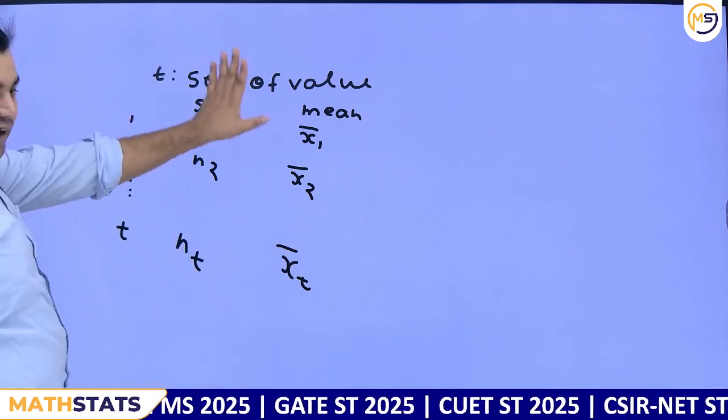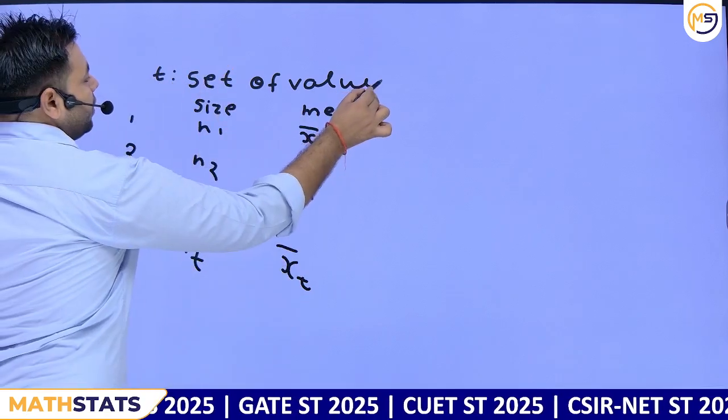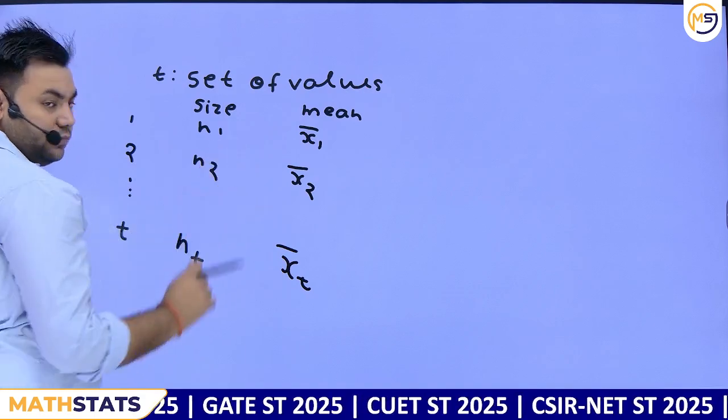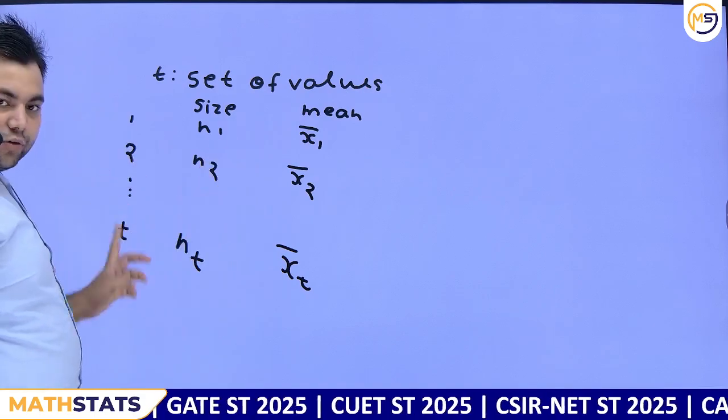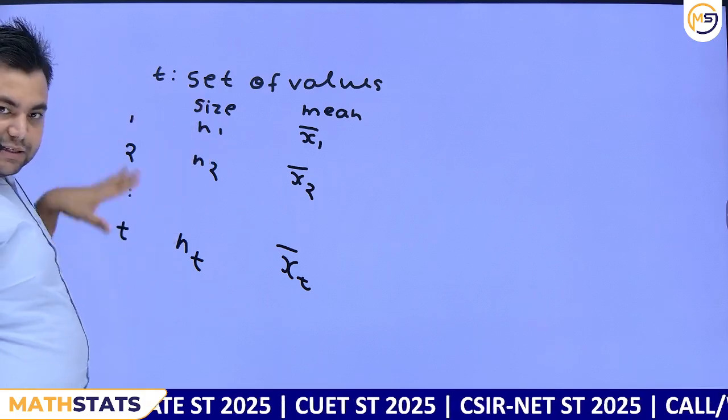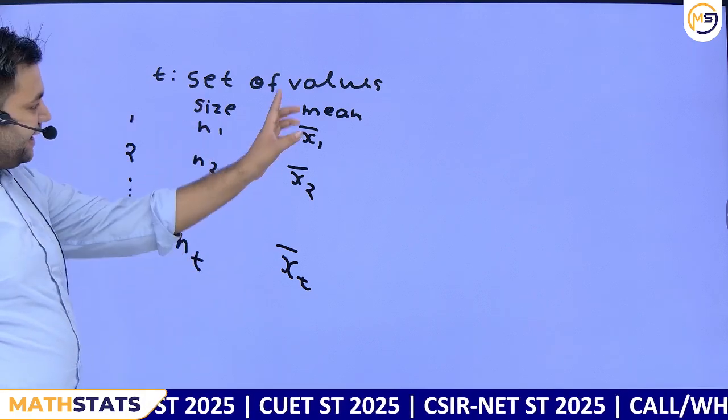Okay, suppose we have t sets of values. Size 1 to t, and this is the serial number. Okay, sizes n1, n2, nt, and means are this.